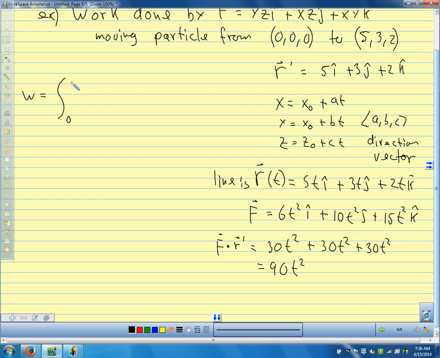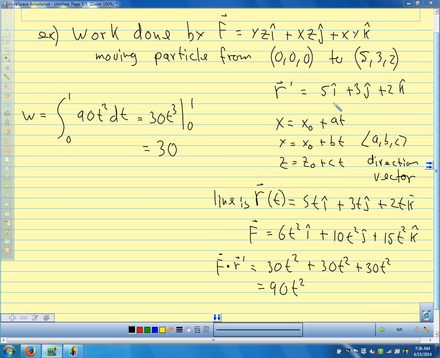So the work is going to be the integral from 0 to 1 of 90t squared dt. So I get 30t cubed evaluated from 0 to 1, which is 30. So that force would do 30 units of work moving the particle along that line.